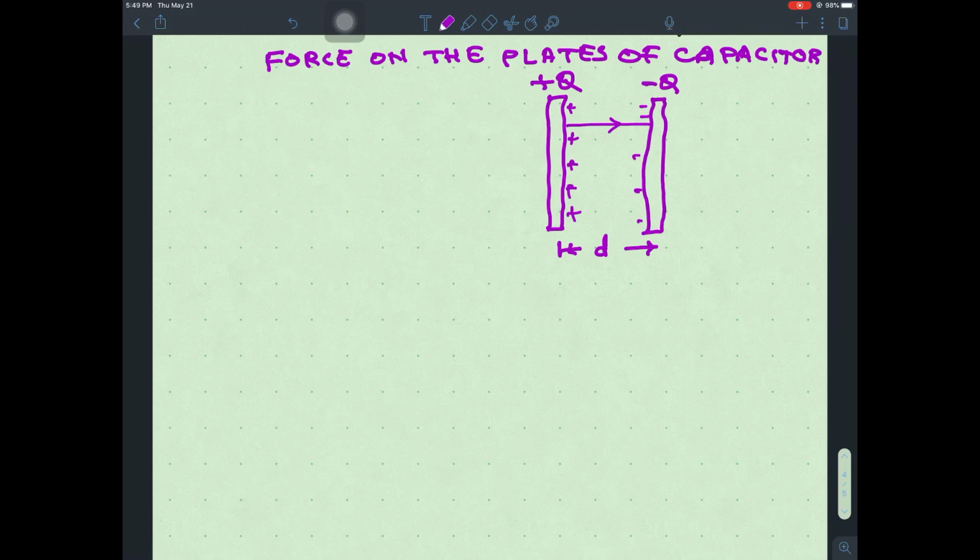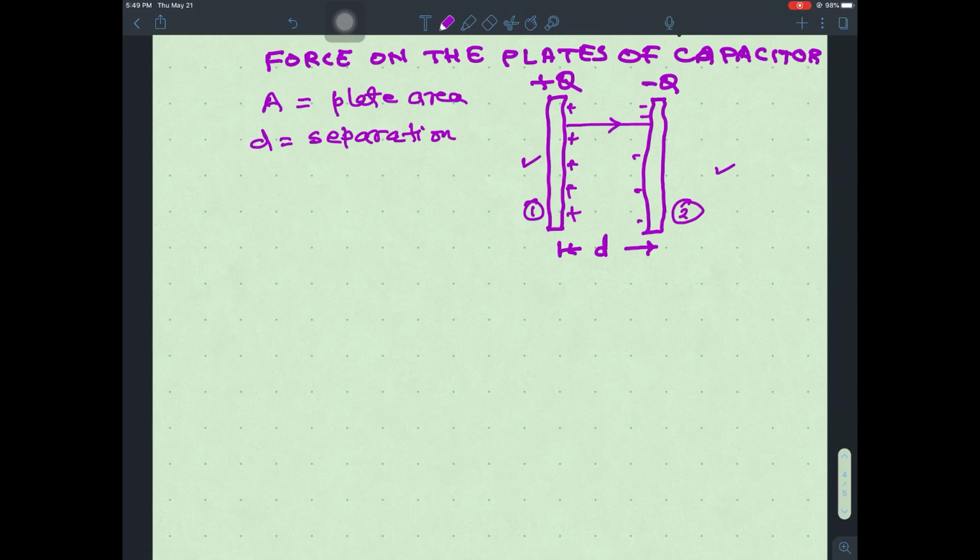We have already discussed that in this region the electric field is 0, and in this region the electric field is 0. Let us call this plate plate number 1 and this plate plate number 2. A is the plate area, and D is the separation that you already know.